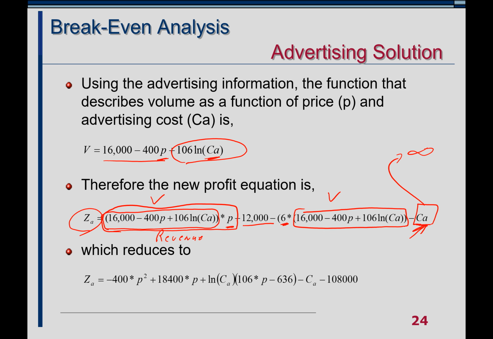So if you reduce all of this, it's just an algebra problem, you get this. I'm not going to do it because I'm going to assume that you can multiply these out and add and subtract them, and this is what you get.